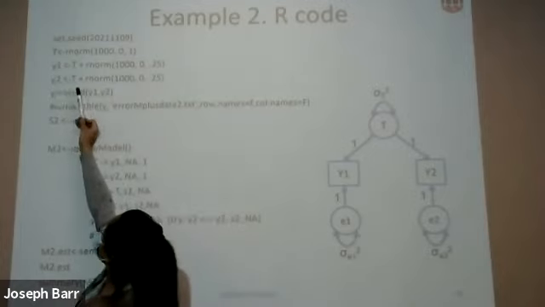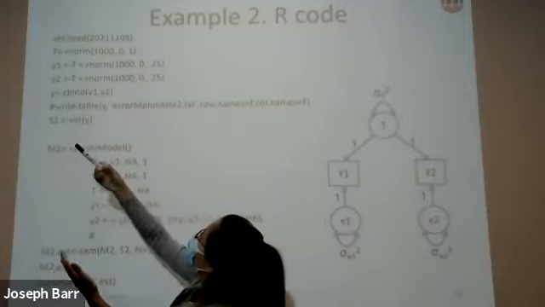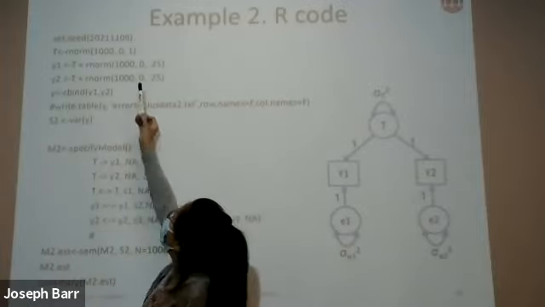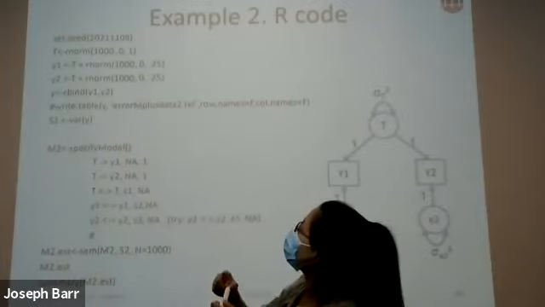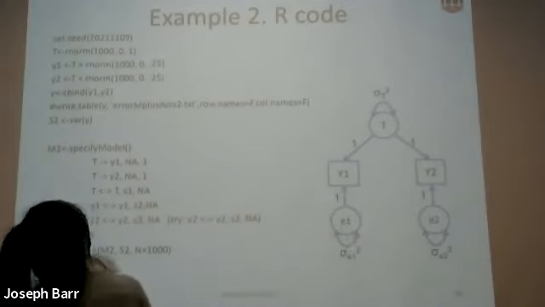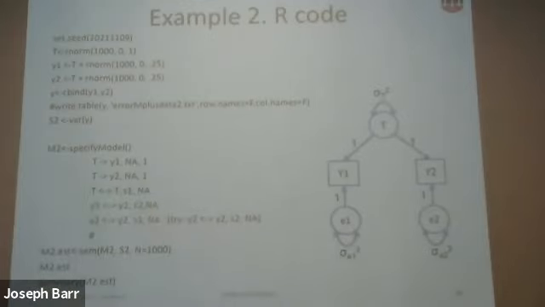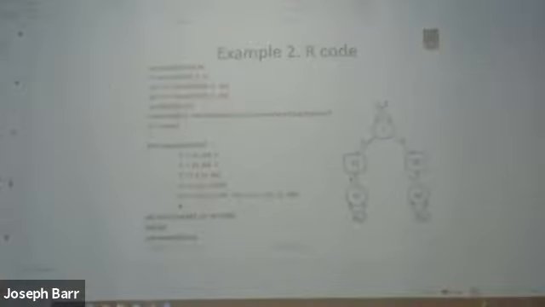And y1 is T plus the residual. This is the E1, rnorm, 1,000, 0 mean, 0.25 is... wait a minute, we should use the square root, because that is a variance. It's always confusing. In our code, this position should be used as the standard deviation, not as a variance.